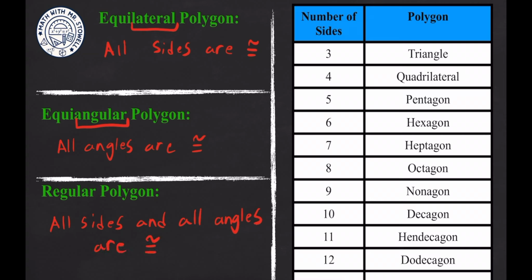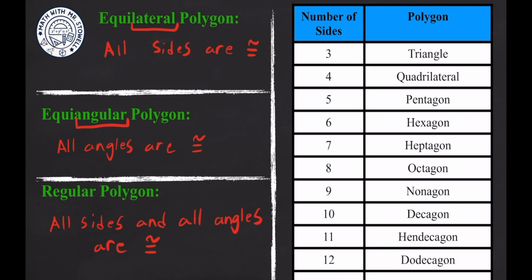So equilateral, all sides are congruent. They all have the same length. Equiangular, all angles have the same measure. And regular polygon means that all the sides and all the angles are the same.